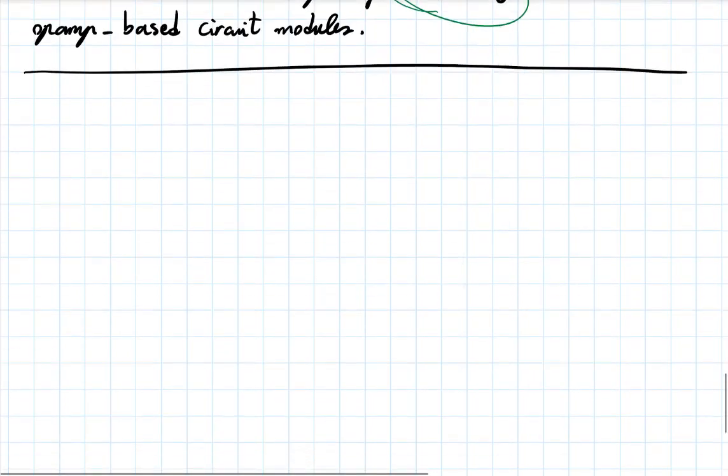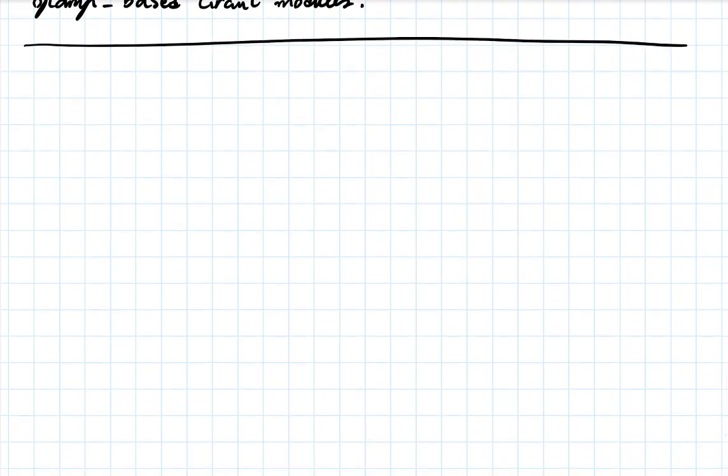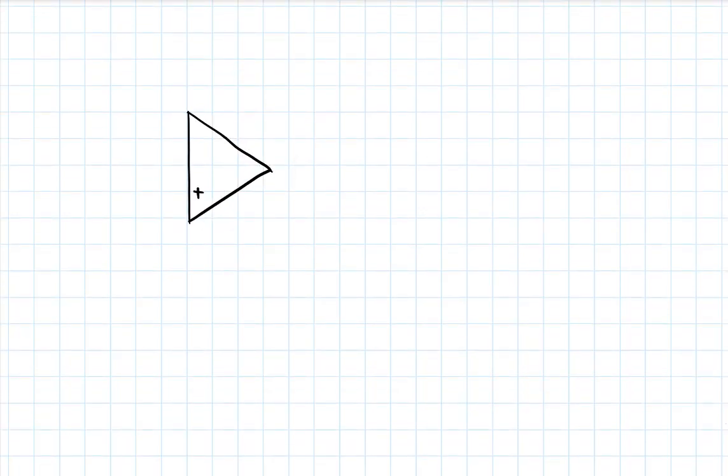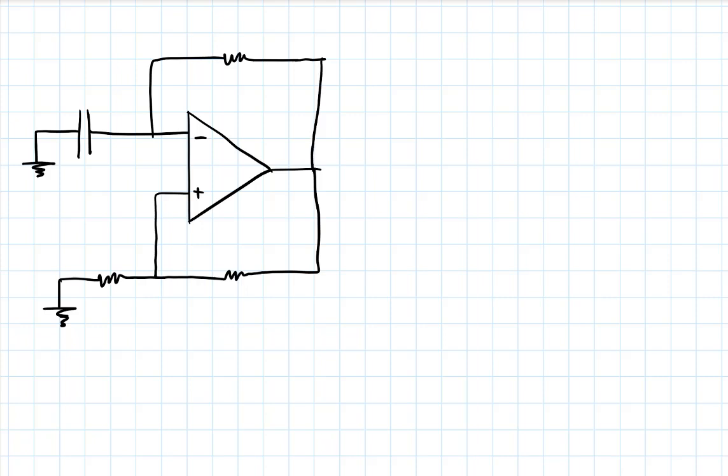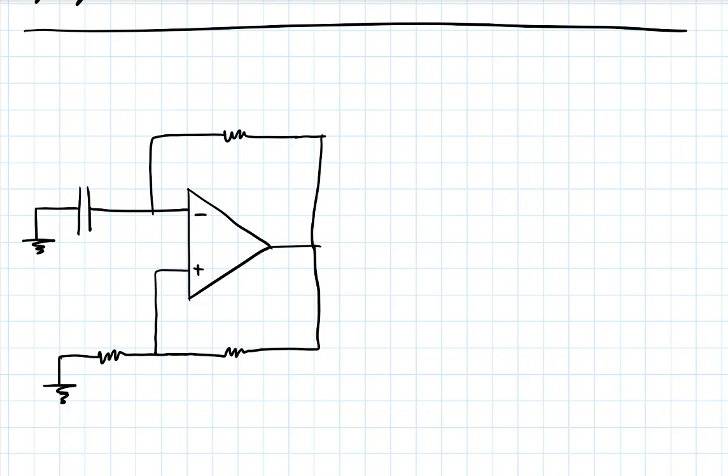So I want to draw another circuit that has a capacitor, and let's try to figure out what this circuit does. Can you guys take a few moments and think about what this might be doing?